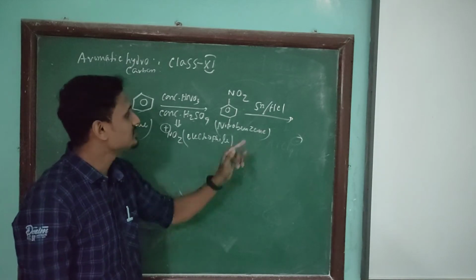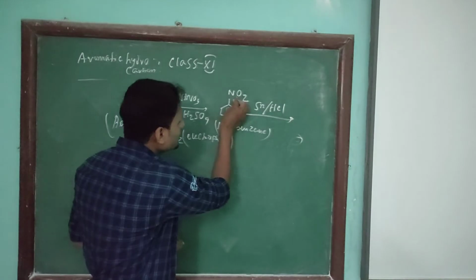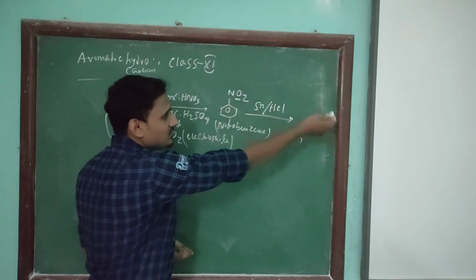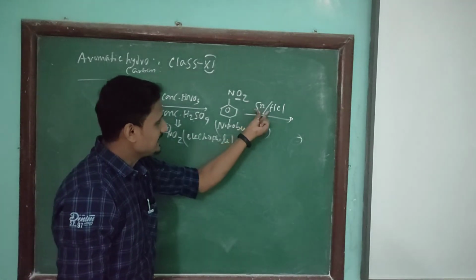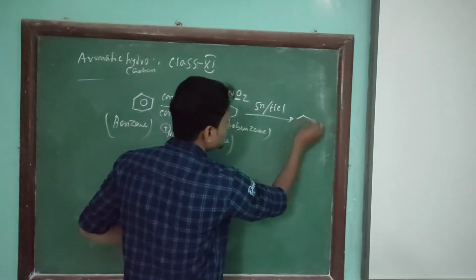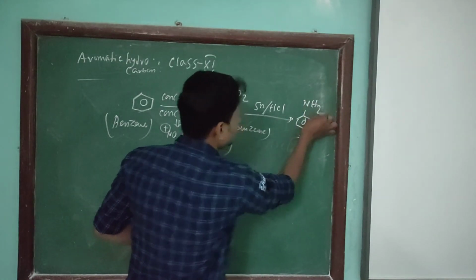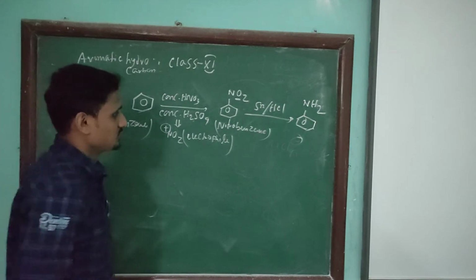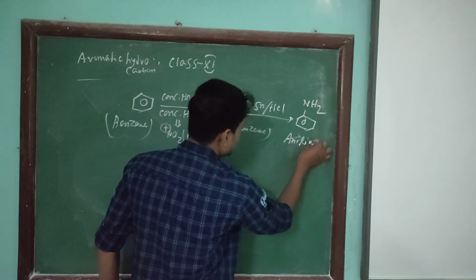That means it will reduce the nitro group here, not the benzene. It will reduce the nitro group. That means release of oxygen and addition of hydrogen will be there. So after adding the reducing agent, if you reduce the nitro group, it will form NH2. So it is called aniline.